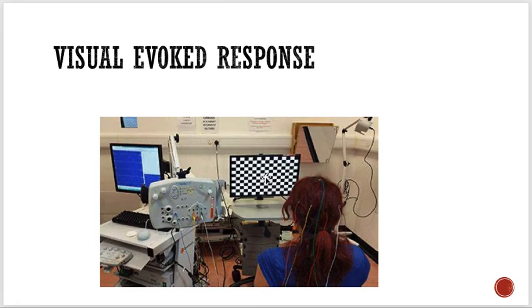Whenever the person sees something, the conduction is carried all the way to the occipital lobe, and the activity is recorded. They check the speed of the response of the nerve and the height of the waveform. This computer is noting everything. This is the patient and this is the examiner.